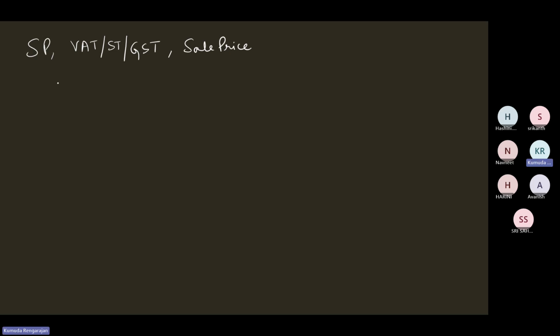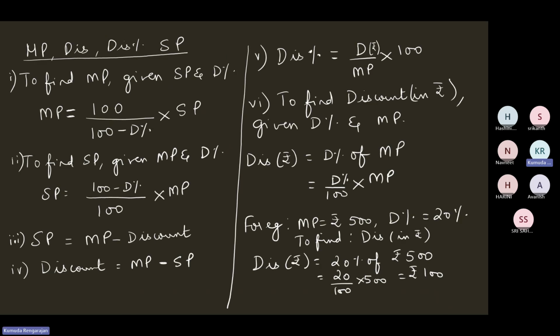So in a question, when you have both discount and VAT, you should first apply the discount on the mark price, find the selling price, and apply the tax percentage on the selling price, and then find the sale price. This is the order.